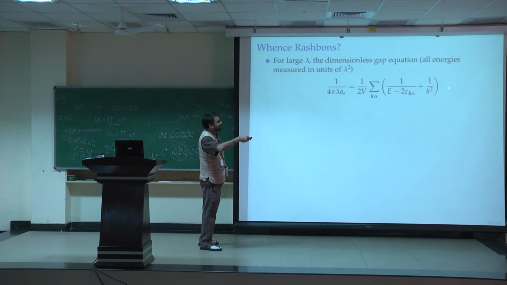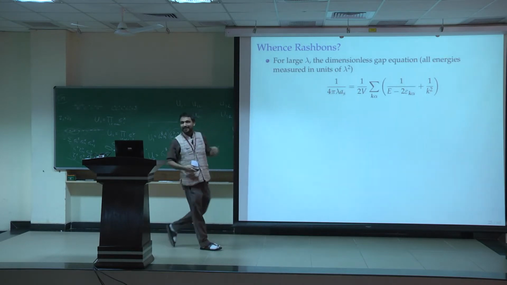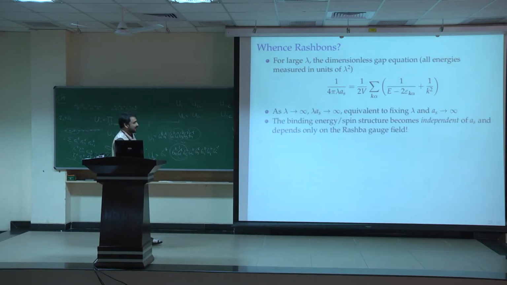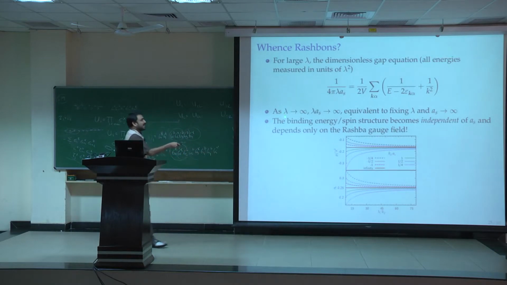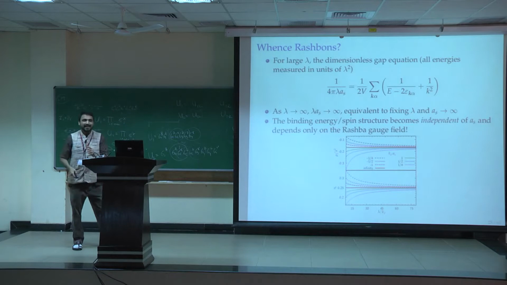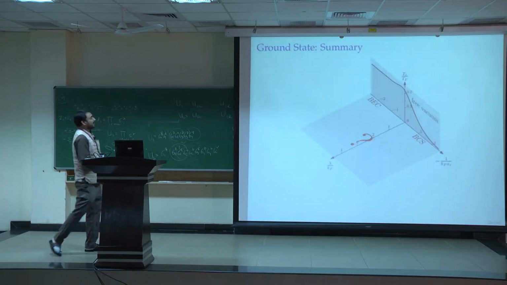And if you scale everything by lambda, the right-hand side is dimensionless. So whatever you start off with, the left-hand side will go to 0, and therefore you will get the bound state corresponding to the infinite scattering length. And that is of course shown in all these pictures here. So sending lambda to infinity at fixed a_s is equivalent to keeping lambda fixed and sending a_s to infinity. That's the picture.